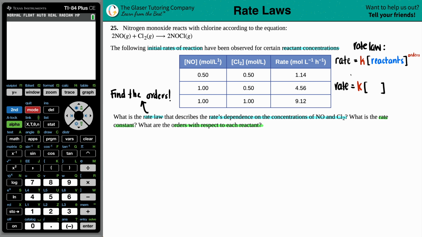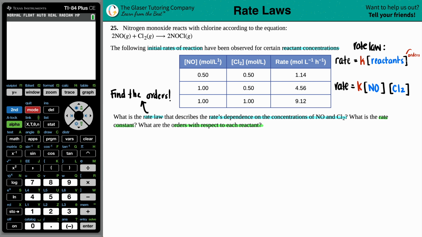So I have 2 reactants, so I need 2 brackets. In this case, we have NO and Cl2. If you have multiple reactants, just know that these are always multiplied together, not added. But now, as many reactants as you have, that many orders.